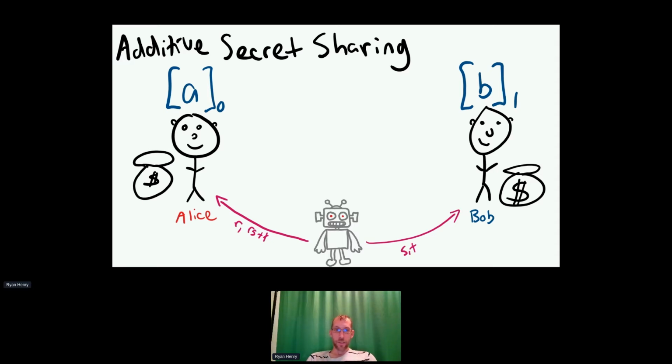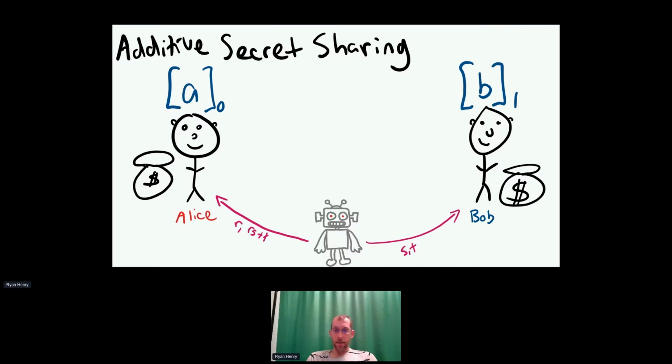Okay, so now how does this change? In addition to choosing R and S, this party is going to choose another value t, and then he's going to send R and R times S plus t over to Alice. So now Alice learns R, like before when she chose it, now she's being told what it is, and she's also being told the product of R and S, but with this extra t added to make sure she doesn't actually learn anything about S from this value.